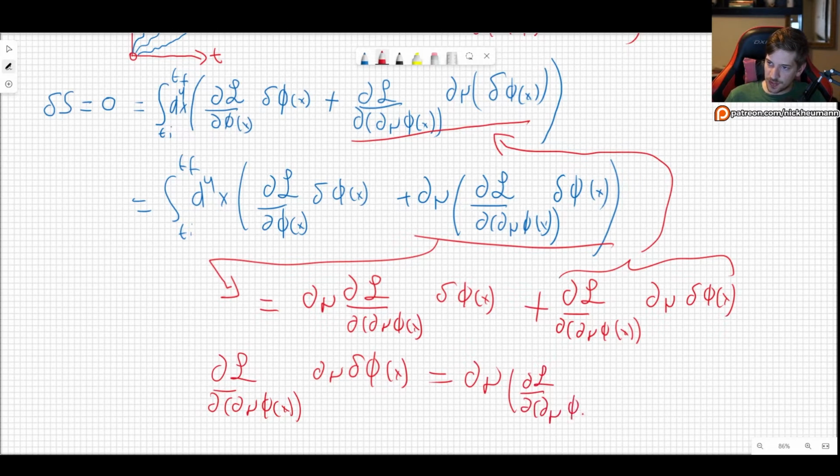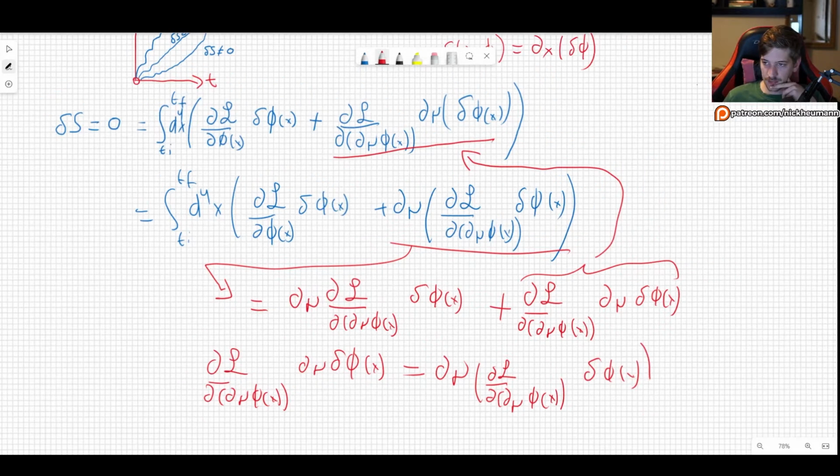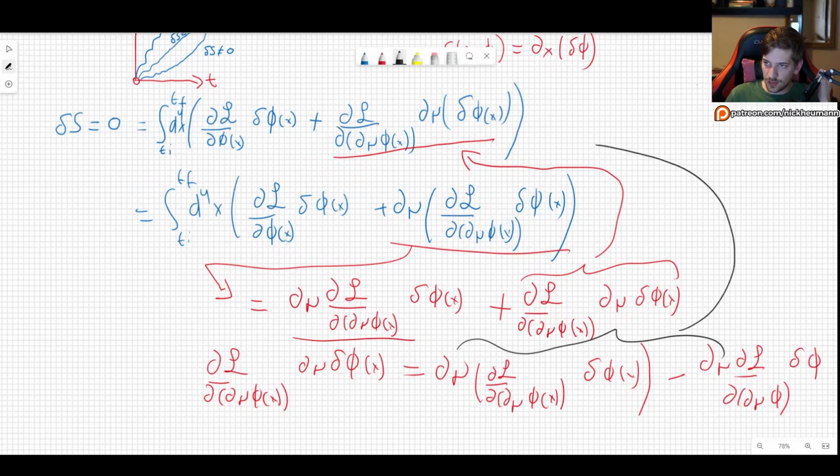This is equal to the total derivative, which is this initial thing there, the derivative of the Lagrangian and so on. Let me just quickly go through this. And then the variation of phi of x minus, and now we just write the other term there. So this one would be d mu of the derivative of the Lagrangian with respect to d mu phi, and the variation of the field. So now all that we need to do is plug these two objects in for that.